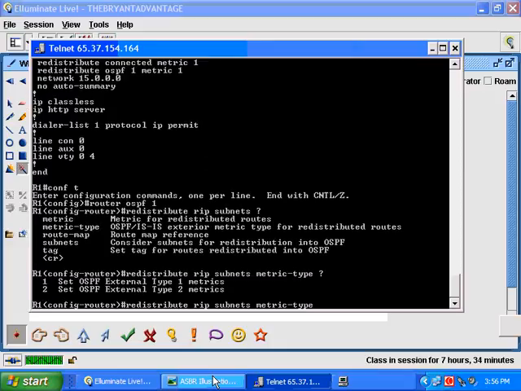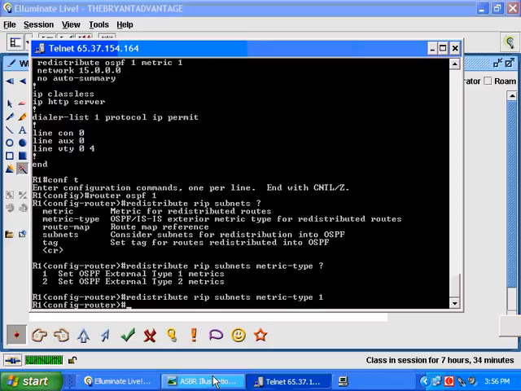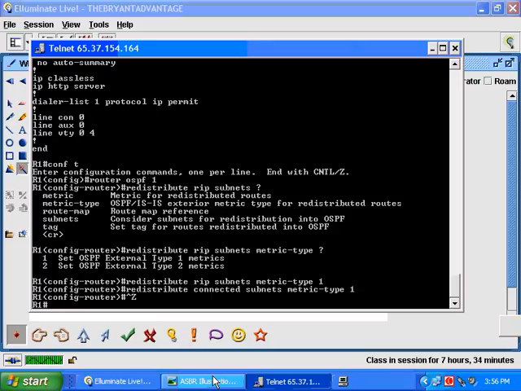And now let's see what our options are. 1 or 2 to set the external metrics. We're going to do that as 1. We'll put the connected ones in the same way, and we will see how this goes.